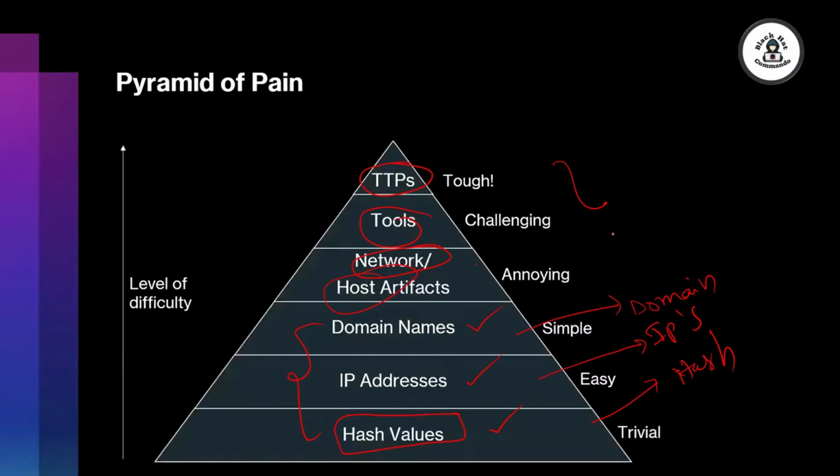So the first three, like tough, challenging, annoying ones, TTPs, tools, network host, are somewhat difficult, but we can identify them. If he is using proxy or VPN, it is somewhat tricky to identify, but we can identify it because if he has had previous activity with us without any proxy, we need to do a deeper investigation with those logs. So this is called the pyramid of pain.